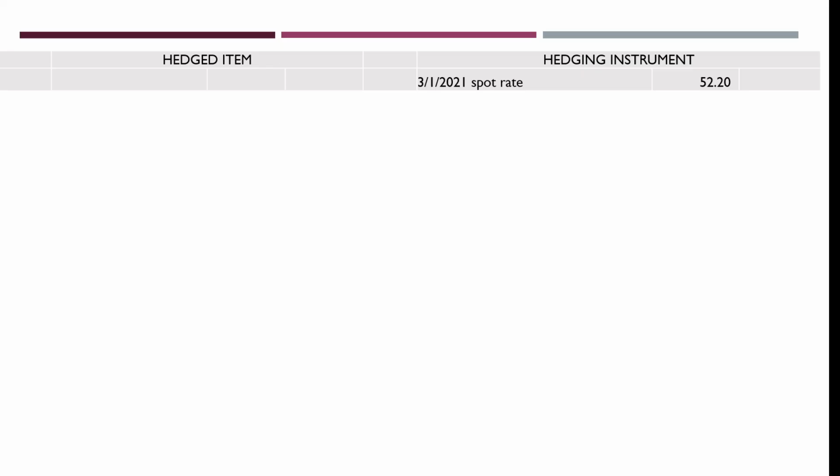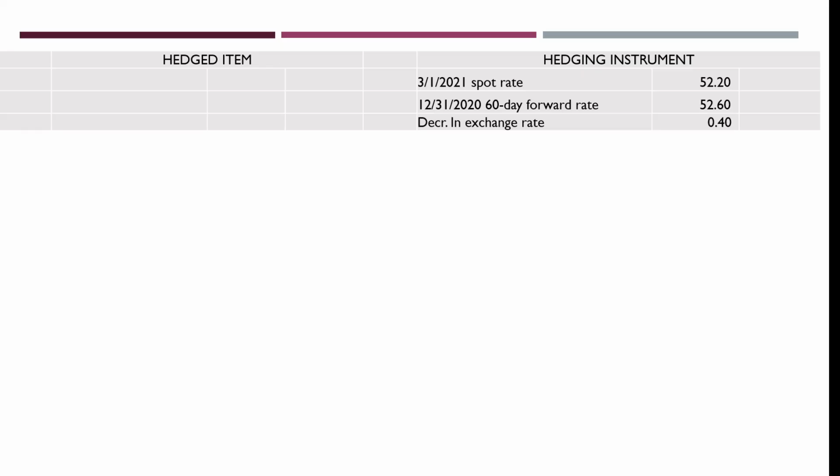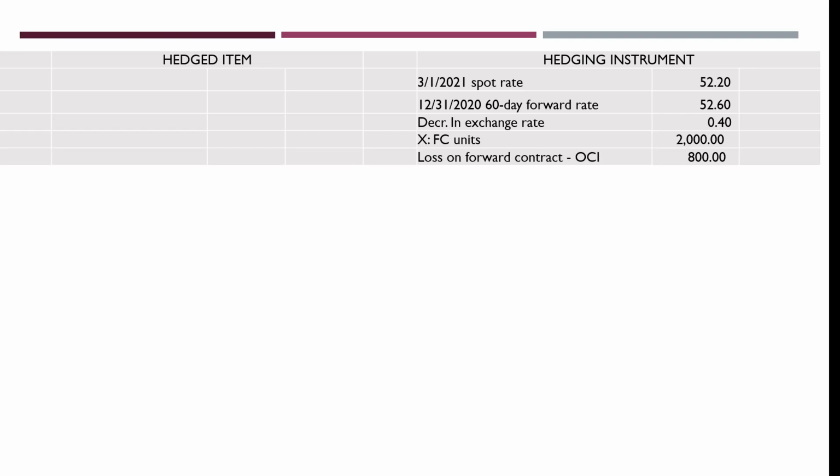Okay. Compare that to the forward rate that was used last December 31 and analyze that change. Ano nangyari sa exchange rate natin? Nag-decrease. By how much? 40 cents. Multiply by your foreign currency units and you will get a loss. Bakit nga ulit siya loss?